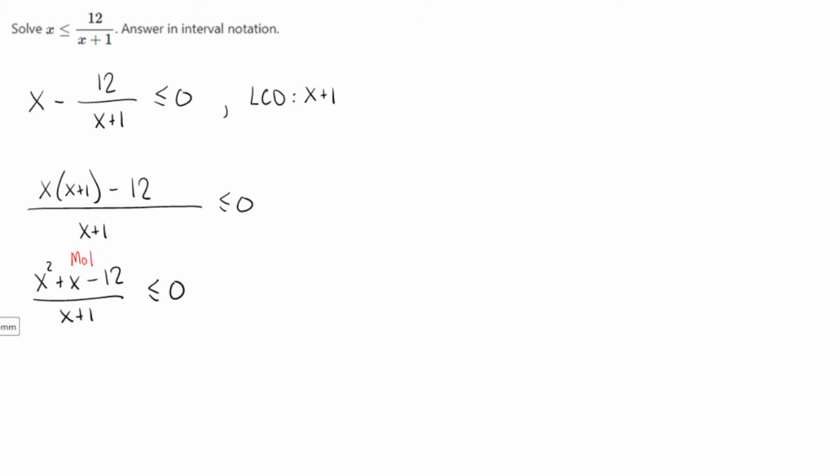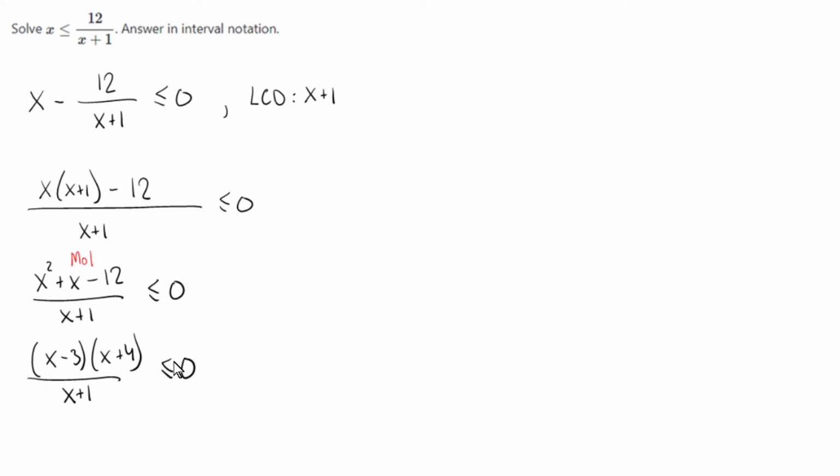And so there are two numbers we're looking for that multiply to negative 12 and they add to positive 1. Those two numbers are negative 3 and 4. So we can factor this into x minus 3 times x plus 4 over x plus 1 is less than or equal to 0.